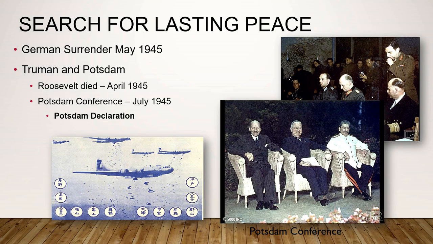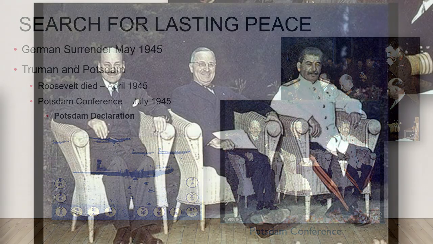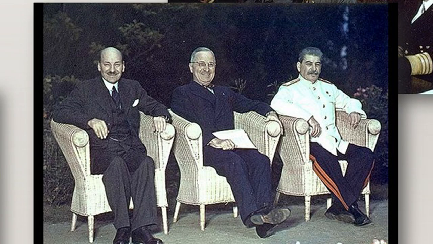Now, the British knew we were working on this because we're working on it together. But as I said, we don't really trust the Soviet Union. And so the Soviet Union hadn't been brought into this plan to build this atomic bomb. So Truman knows that we have an atomic bomb. Attlee knows we're building an atomic bomb.